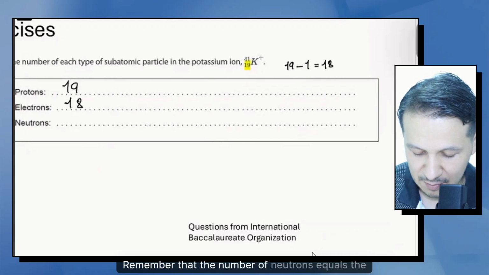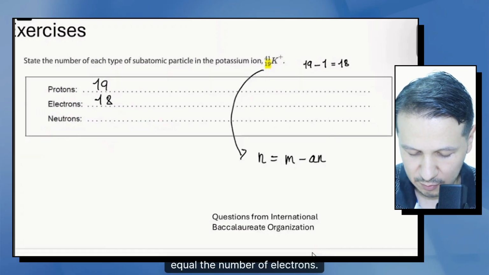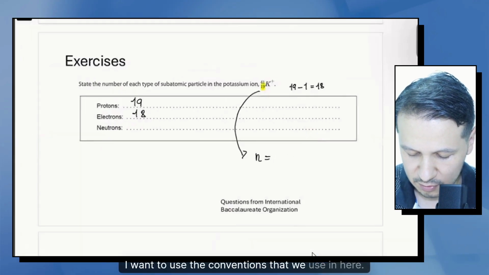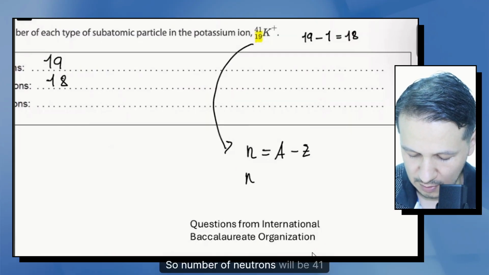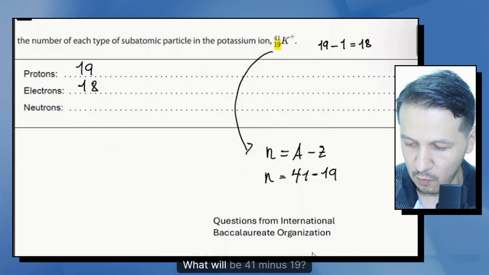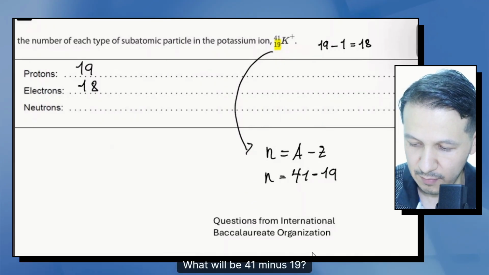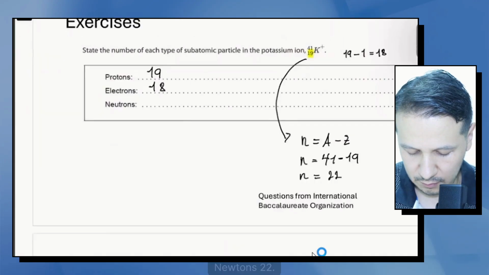Remember that the number of neutrons equals the mass number minus the atomic number. I want to use the conventions that we use here, A minus Z. So number of neutrons will be 41 minus 19, which is 22.